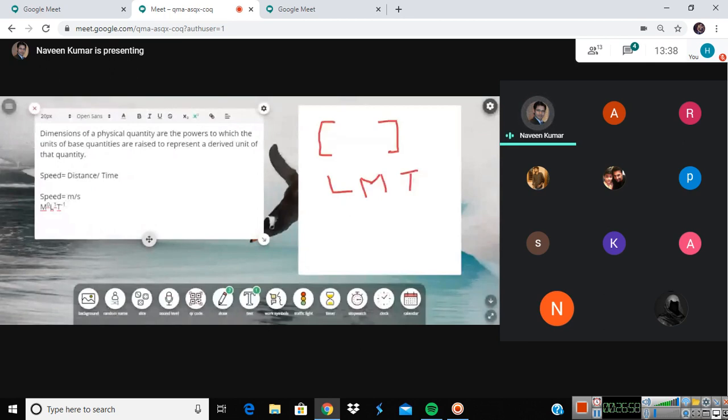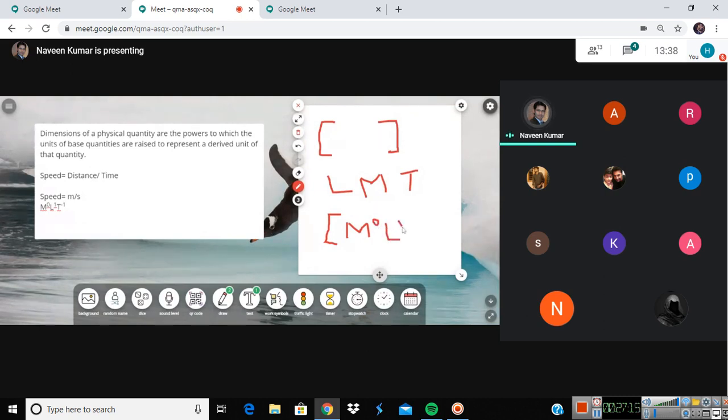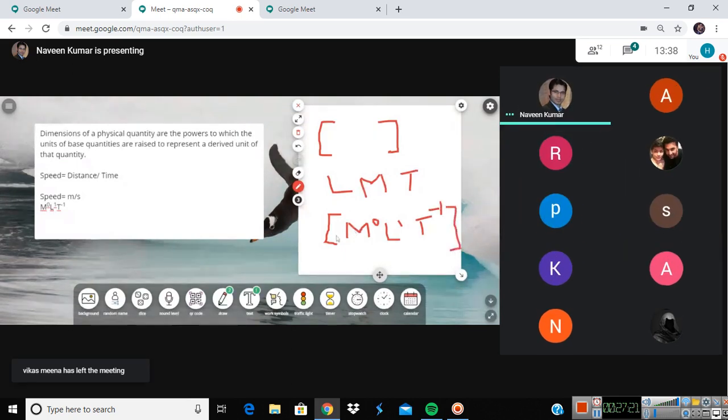Meter is represented by length in the dimensional formula. So the dimension of speed is like this: [M0 L1 T-1], square bracket close. So this is the dimensional formula of speed. Got it?